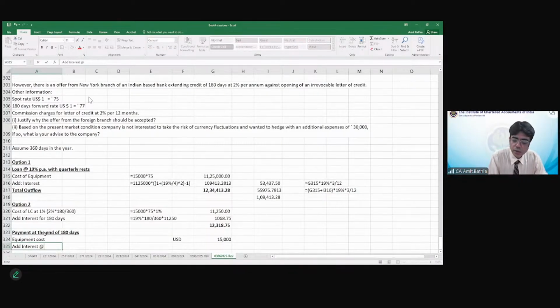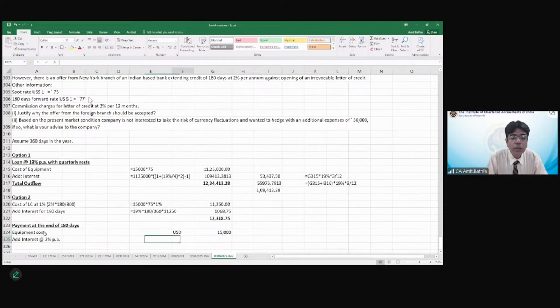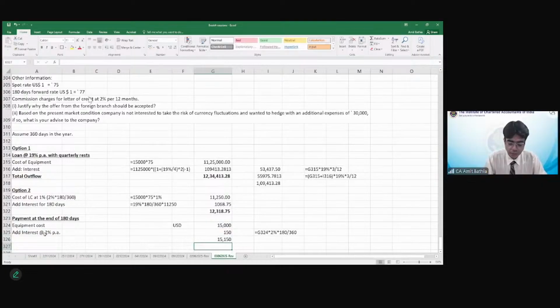Interest at 2% per annum. So, that will be how much? 15,000 into 2% into 180 divided by 360. This is the interest rate at which I'm going to get the equipment. Am I right? So my cost now becomes how much? 15,000 plus 150.